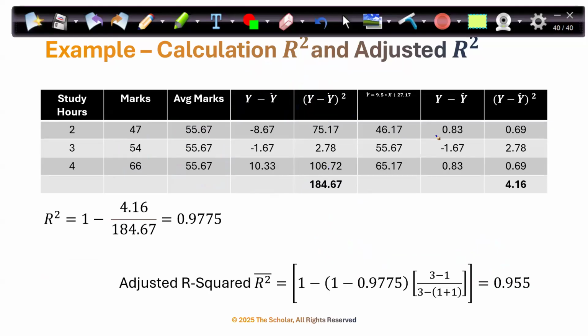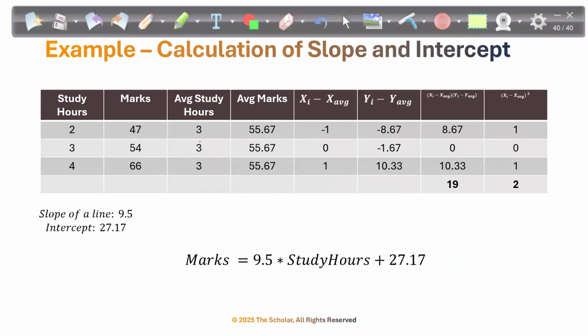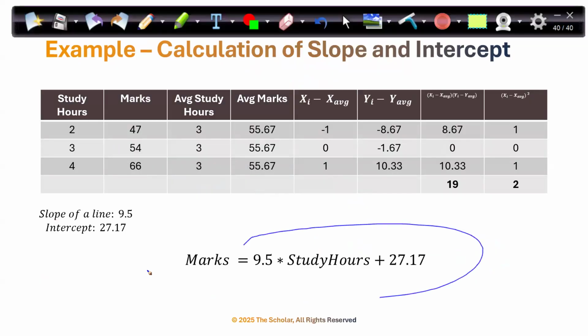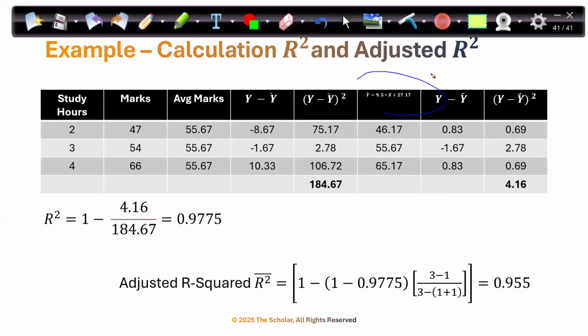Now in the previous slide, we got the equation of a line as well. Y is equal to mx plus c. Now this equation is gonna give me SSE. What I am doing? I am putting the value of x as 2 years, and I am getting the marks like this.